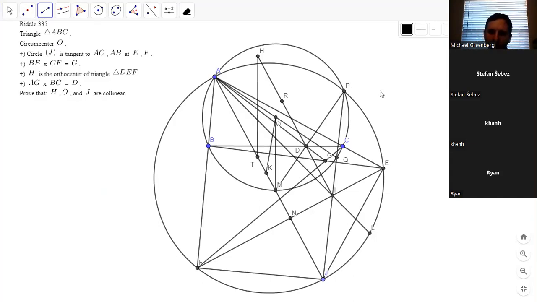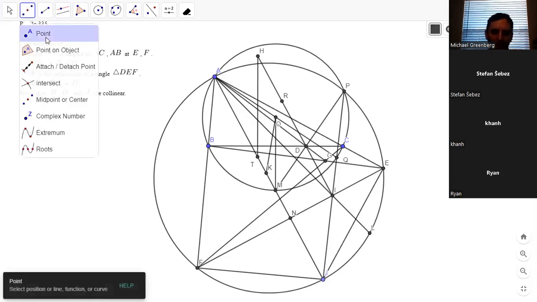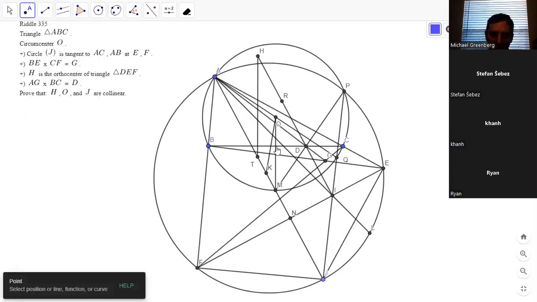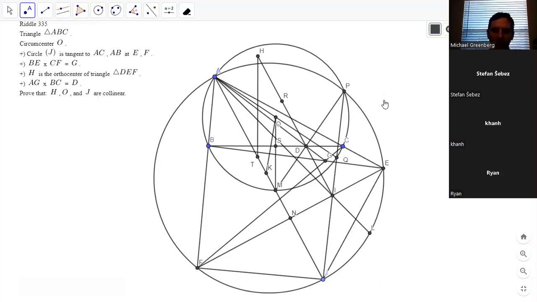Maybe we can add in the midpoint of BC. Yes. And then we need to prove parallel lines. So what do we need to show as parallel? HT is parallel to OS. Oh, but Khan said he's already proven that.